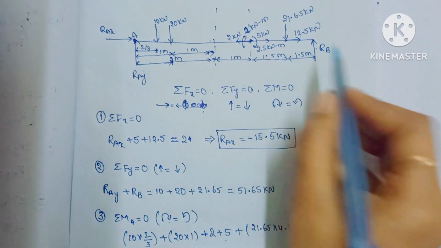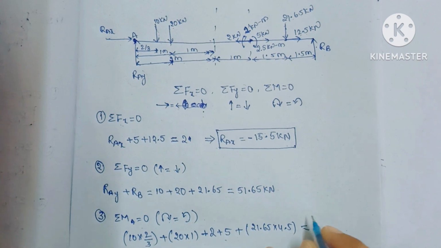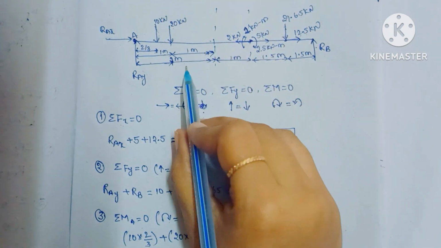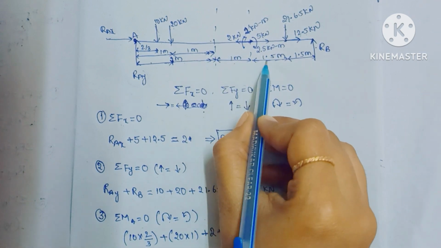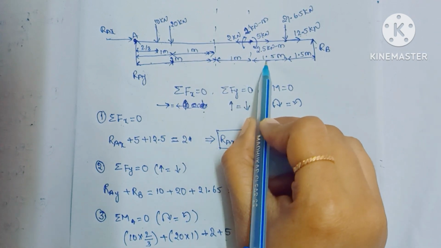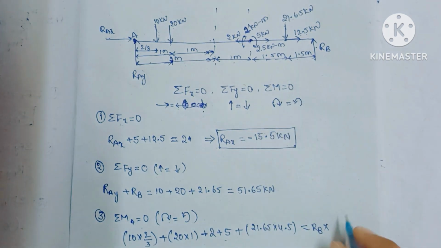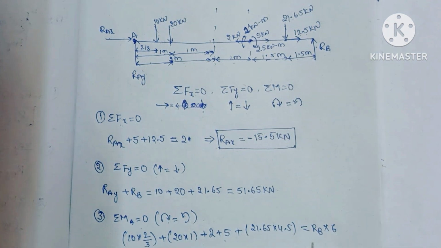And next one is this one, which is equal to RB into the perpendicular distance is 2 plus 1, 3, 3 plus 1, 4, 4.5 plus 1.5, 6. So from this equation we are going to find RB value.